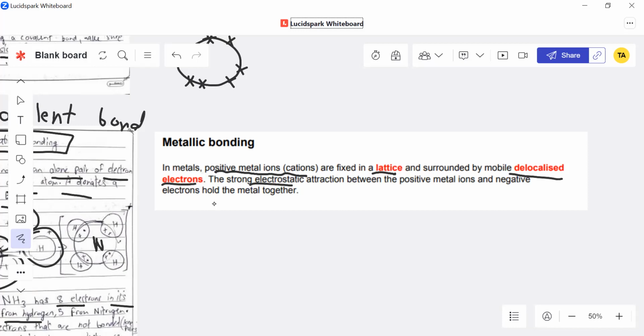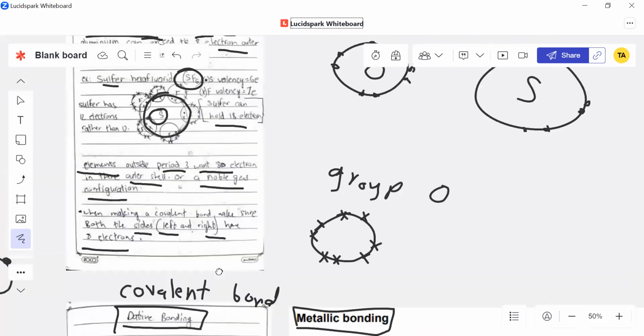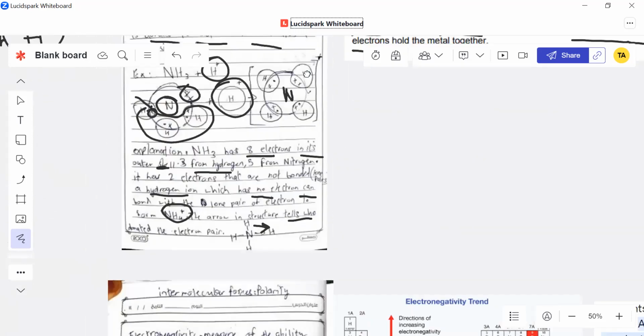The strong electrostatic attraction between positive metal ions and negative electrons holds the metal together. So when positive metal ions form bonds with delocalized electrons, it's called metallic bonding. And these are the 4 types of intramolecular forces you need to know.